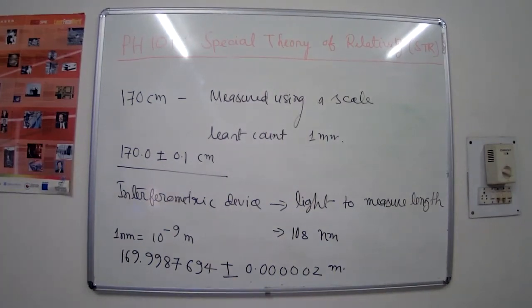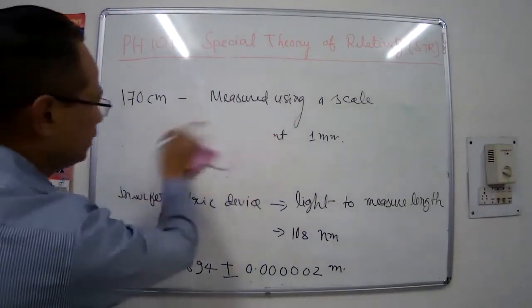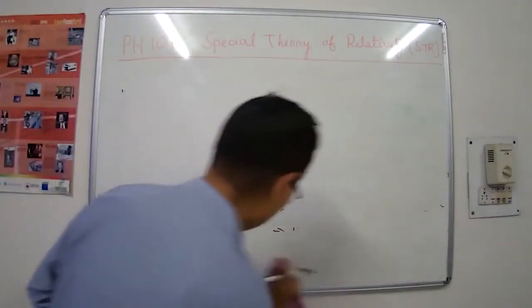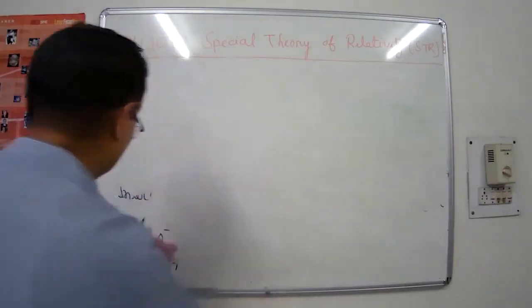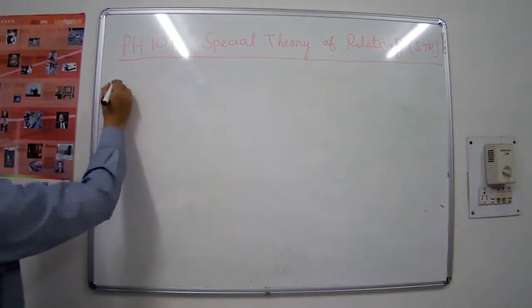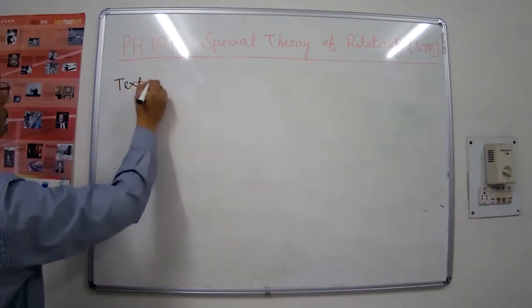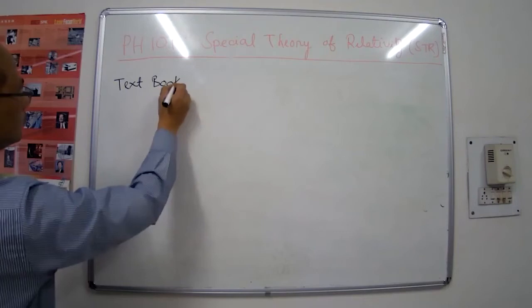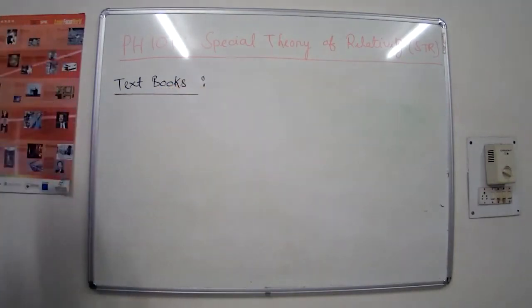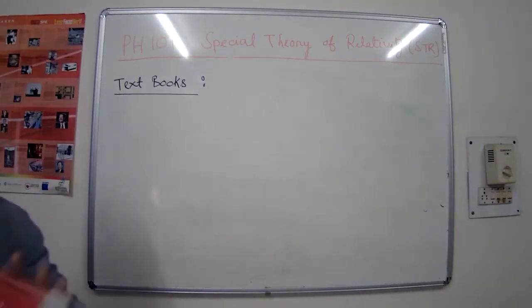So before I proceed further, let me tell you about the textbooks that I am going to follow. The main textbook that I am going to follow is Classical Mechanics by John Taylor.